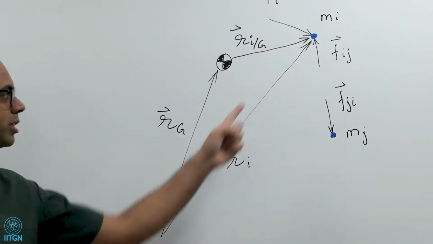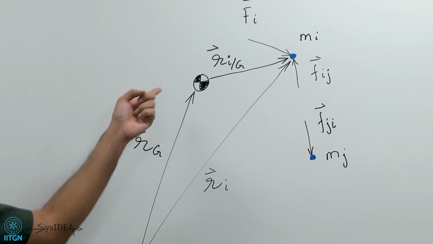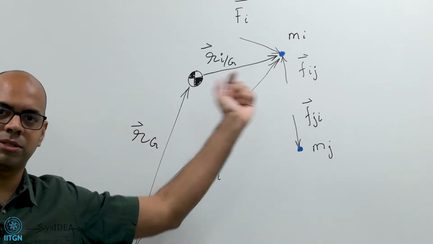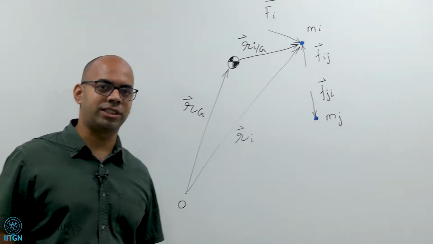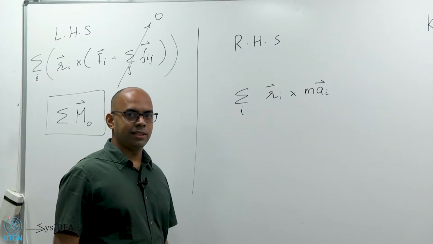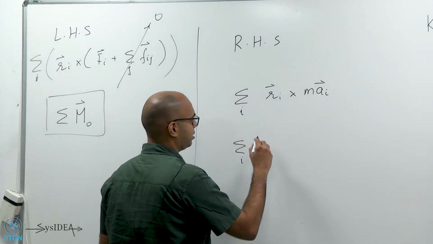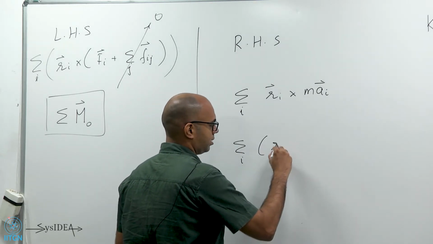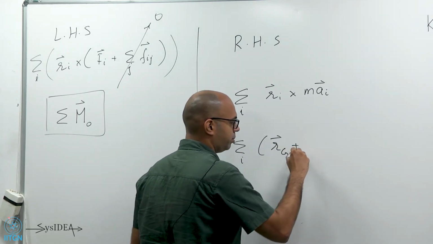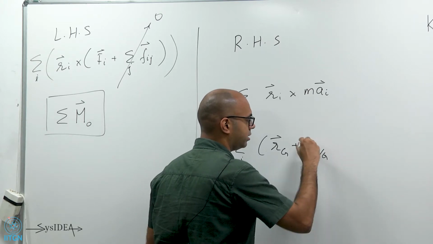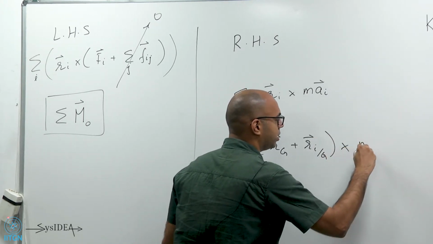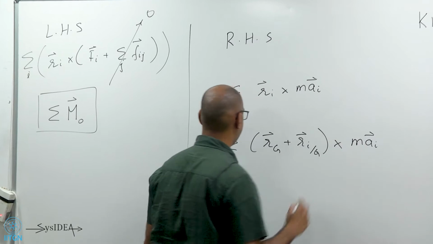That is, position vector of ith particle you can write as position vector of center of gravity plus position vector relative to the center of gravity. So we do that and we would get rg plus rij cross with mi ai.